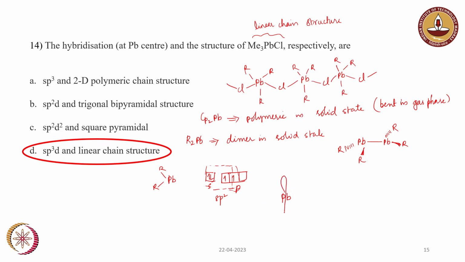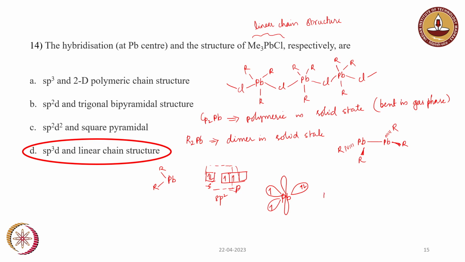So one unhybridized p orbital and three sp2 hybrid orbitals are present, where one of the hybrid orbitals has an electron pair and the other sp2 orbitals have one electron each.